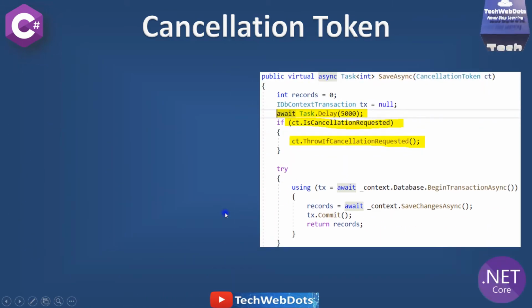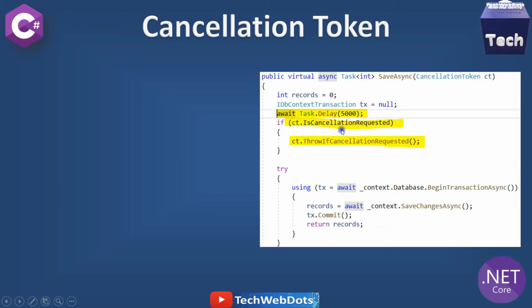Okay, so let's move ahead to a few more very important points that I want to discuss with you. In terms of implementation, earlier we provided cancellation token as a parameter. Now you can see in our repository we are modifying this SaveAsync method, and in that we are manually putting a 5000 millisecond delay, so this request will fail.